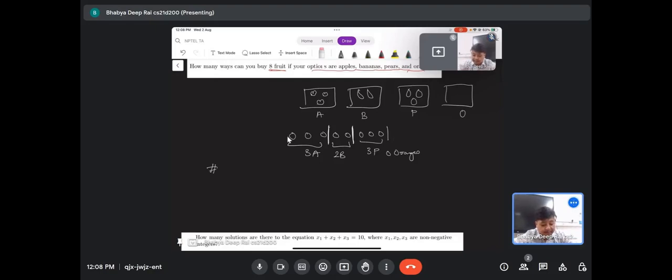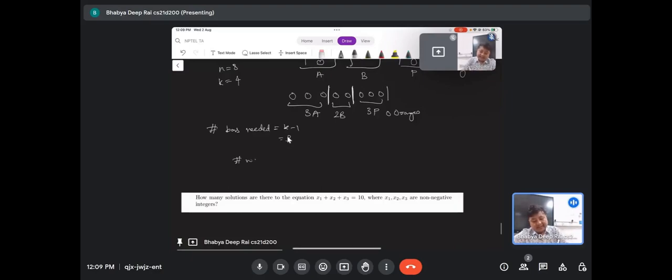So how many bars are needed? It equals k minus 1, which is 3. Here what is n? n is 8. k is the number of partitions I need, that is 4. So 4 minus 1 is 3.